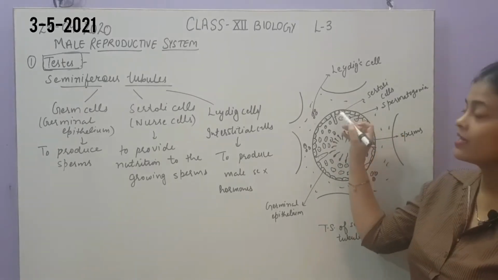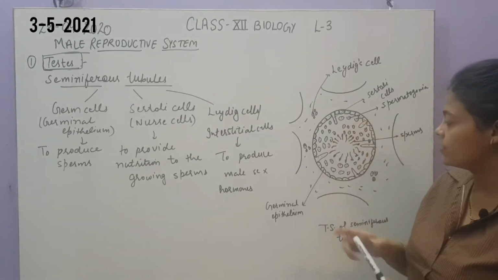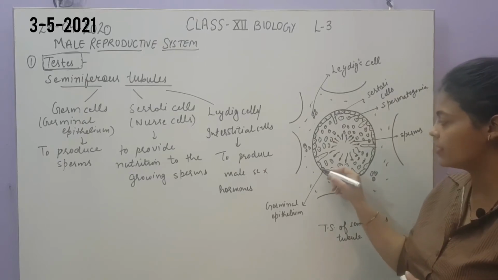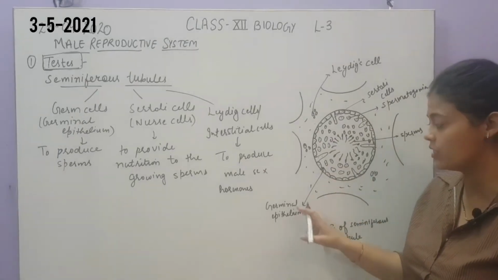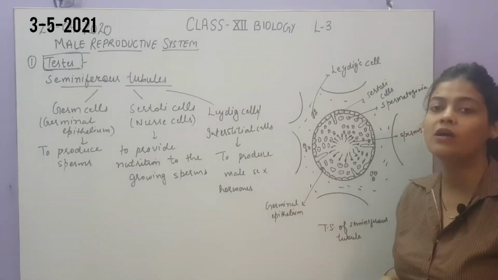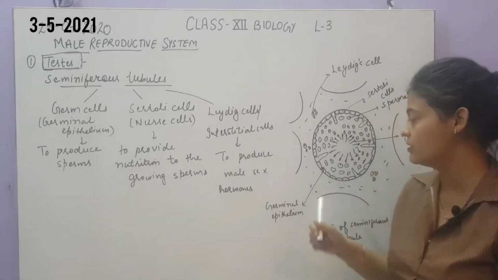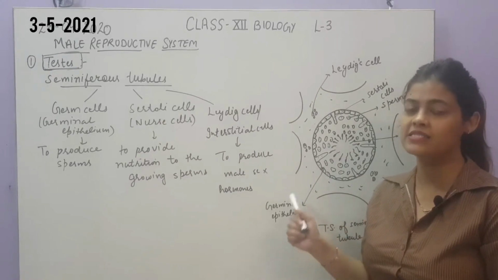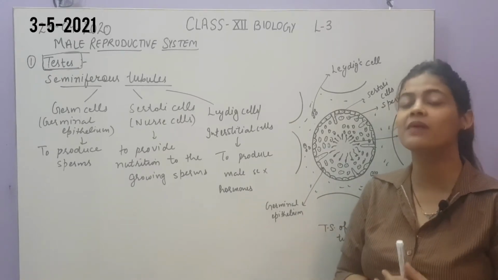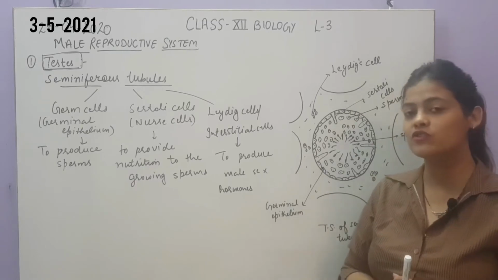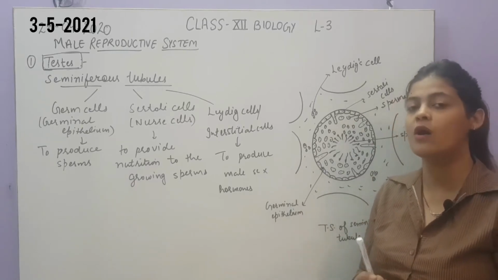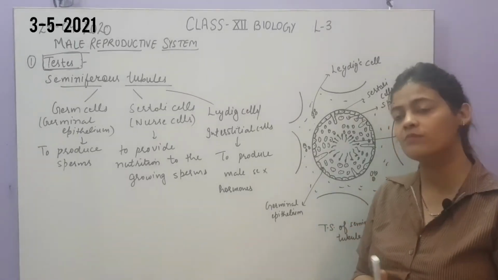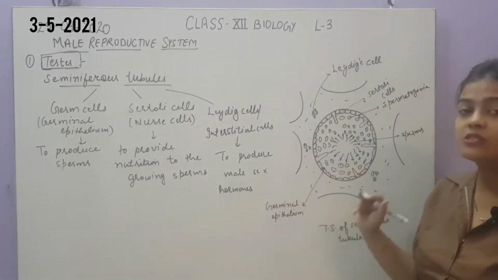Inside this, the outer layer is covered with epithelium as usual, but this epithelium is called germinal epithelium, because the cells of germinal epithelium will act as meiocytes. Do you remember meiocytes? What was the function of meiocytes? They undergo meiosis to form sex cells or gametes. So they act as meiocytes to form gametes or sperms.